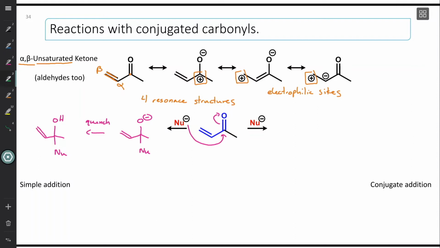If the nucleophile instead attacks at this carbon here, that double bond moves that way, and then your product actually looks like this. And this negative charge is in resonance with the carbonyl, which is what stabilizes it.